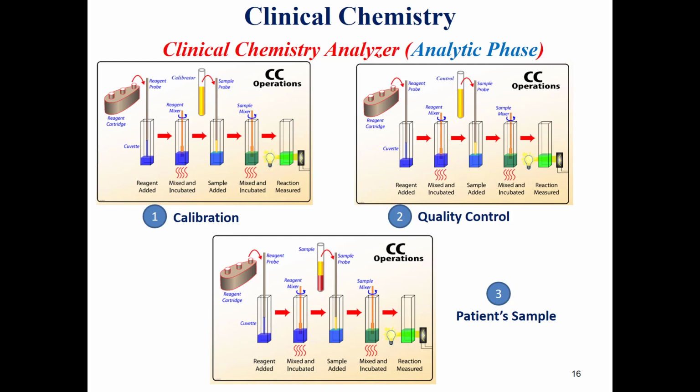Then mixing will be done and incubation at 37 degrees, and finally the measurement will be done. Why we need a calibration, why we need a quality control, and the steps in each one will be covered in a separate part.